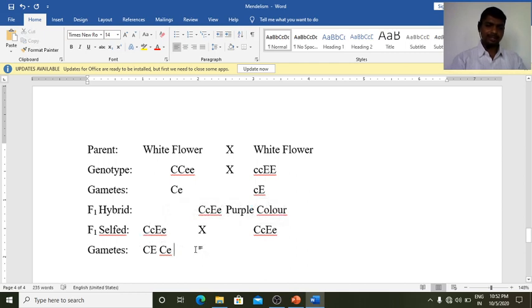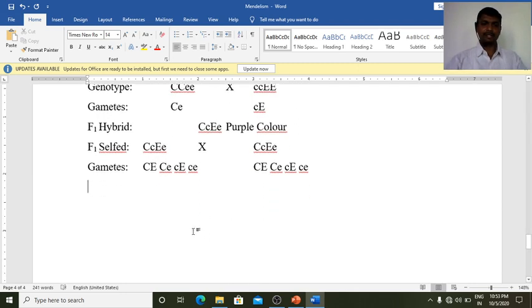Then the second letter of the first gene, small c, with capital E. Then small c, small e. These are the gametes. Similar types of gametes are also produced on the other side: capital C capital E, capital C small e, small c capital E, small c small e.